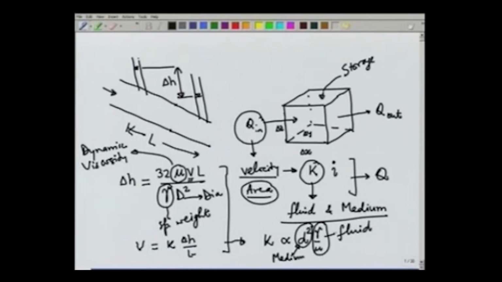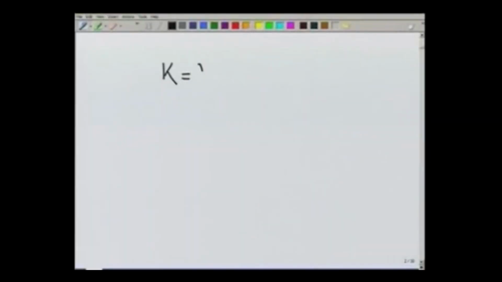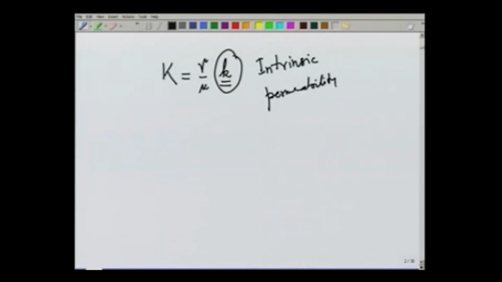So, typically gamma over mu is taken out of this equation, and we can write the hydraulic conductivity K as gamma over mu times some intrinsic permeability or specific permeability, which is only a property of the medium, and typically this k is some constant into the grain size square based on the pipe flow analogy.